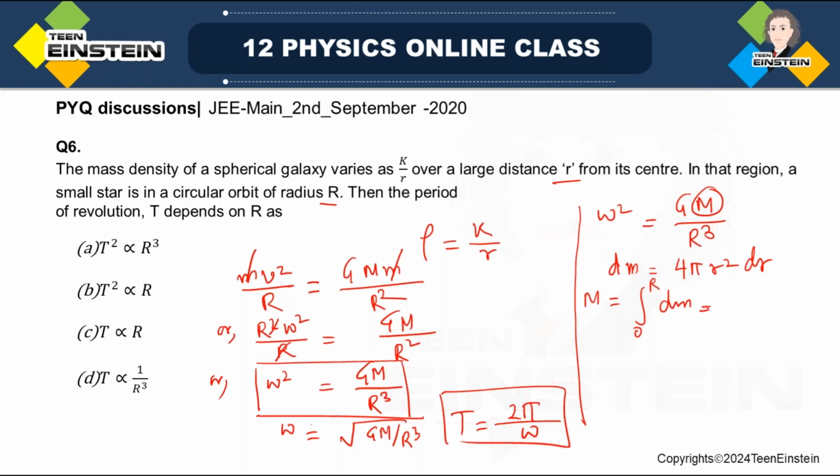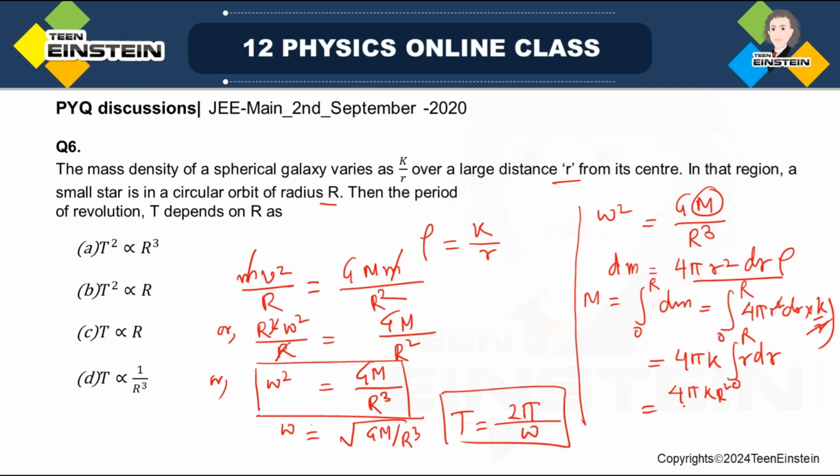So dm is the volume into rho. Rho is given anyway. So integrate from 0 to capital R, 4 pi r square dr into k by r. This r will cancel one of the r's. So 4 pi k, then r dr from 0 to capital R.